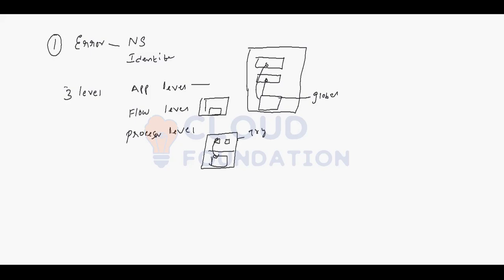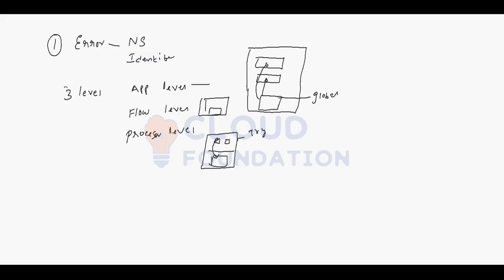So one quick question. I think it's clear. You explained application level and flow level or process level very well. I remember how to define error handling at the flow level and the component or process level.